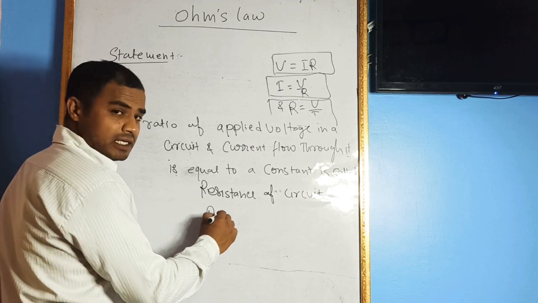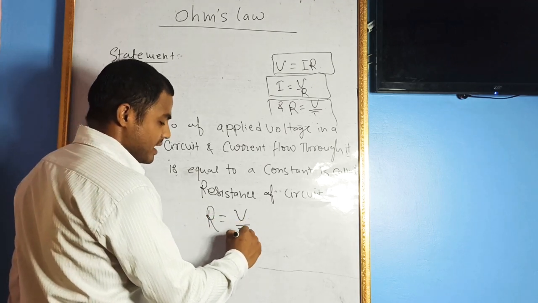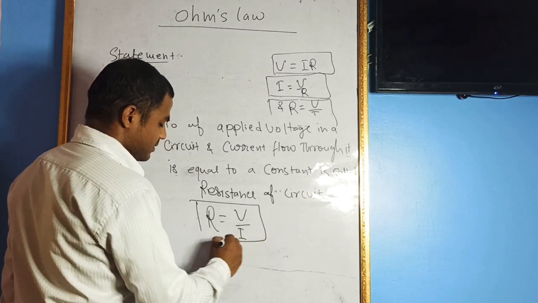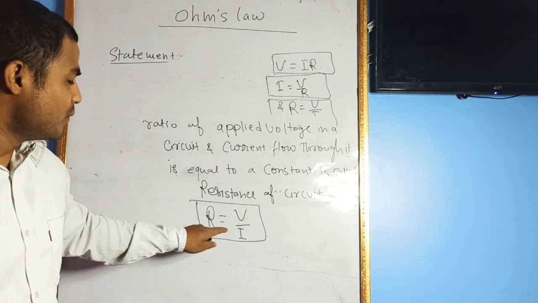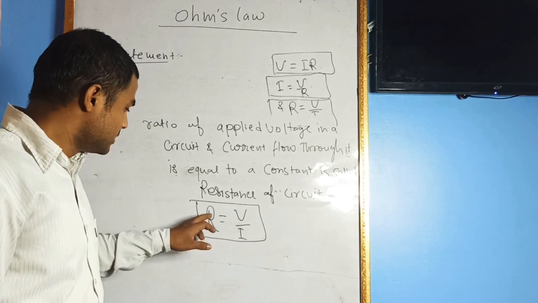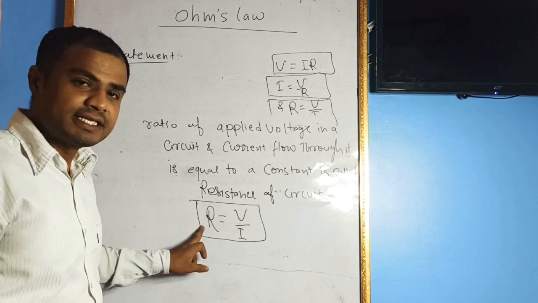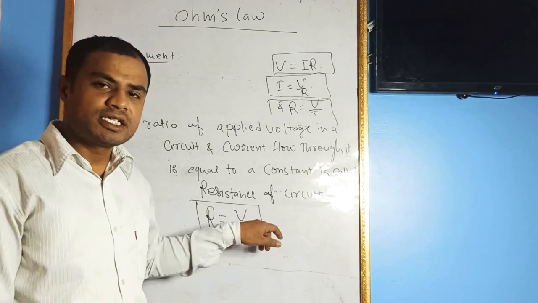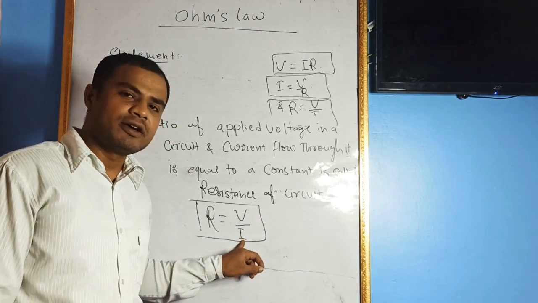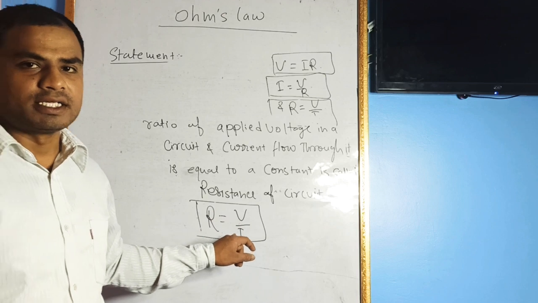That is R equal V by I. So through this formula we can determine the value of unknown resistance if we know the value of voltage or potential difference and the value of current flowing through it.